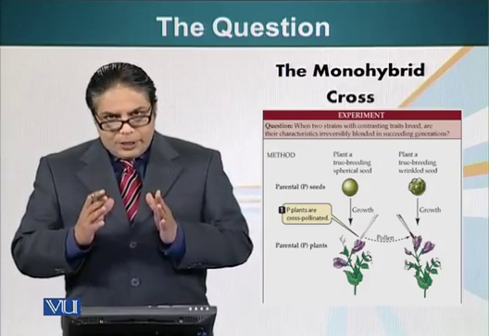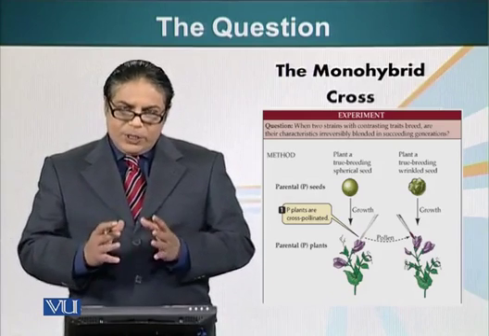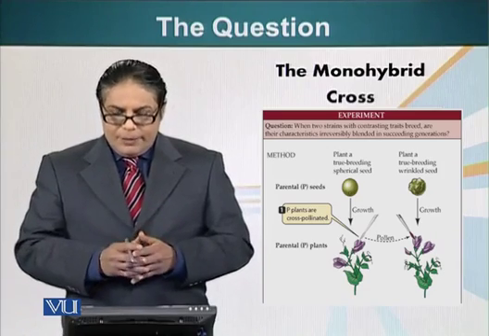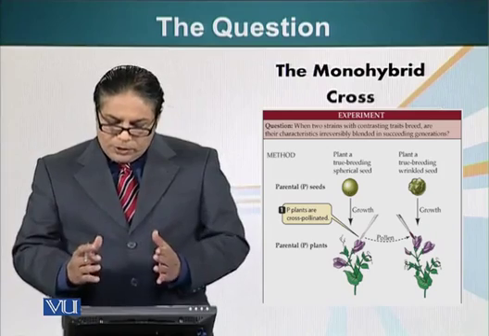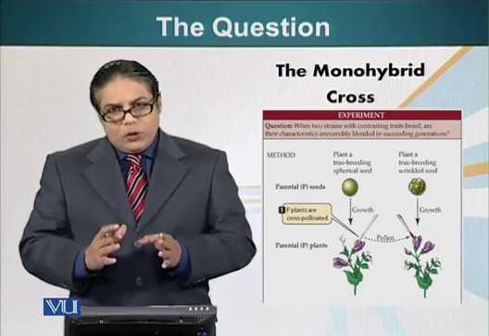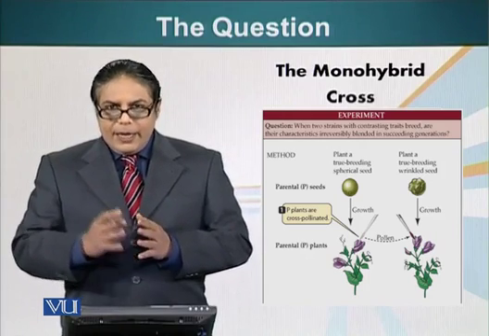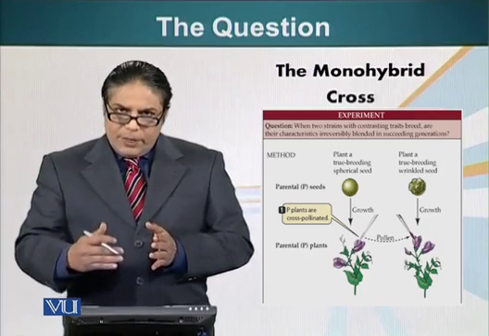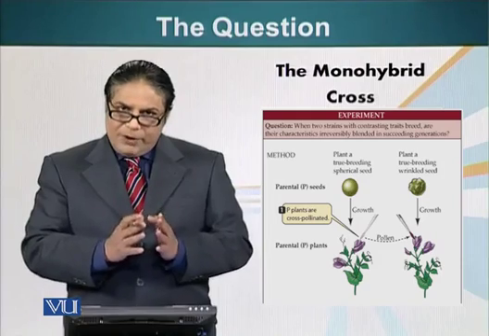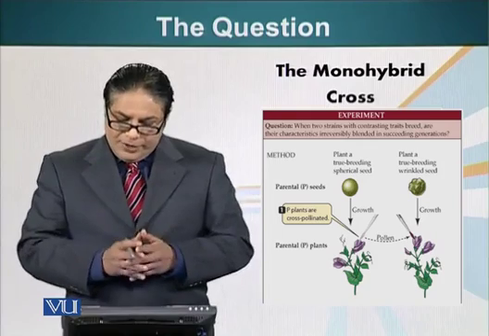The first experiment he did involved the shape of the seed. Mendel noticed that there were two types of seeds, a spherical shape and a wrinkled shape. Before he began his experiment, he wanted to ensure that the plants were true breeding. What do I mean by that? He crossed a plant with a specific trait with a plant of the same specific trait.